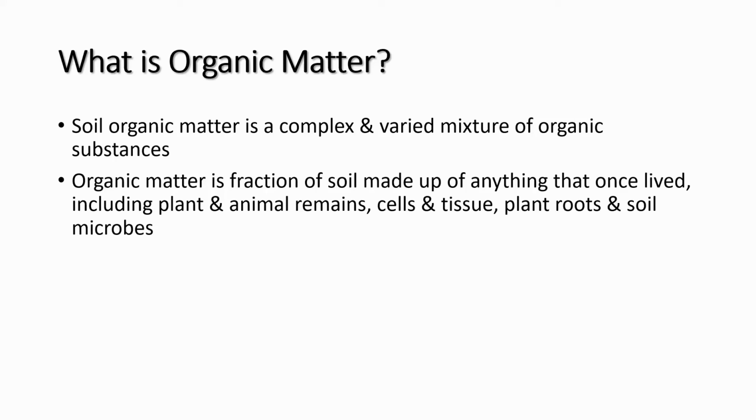Plants को जब आप when they fall from the high places or when they complete their life cycle, they die, they dump into the soil and they convert into organic matter. Cells and tissues of such living organisms, plants, roots, and soil microbes, all these actually they make the organic matter and then become part of that soil.